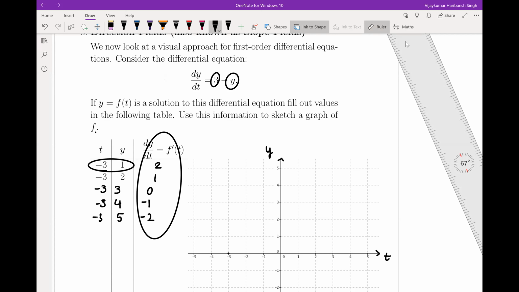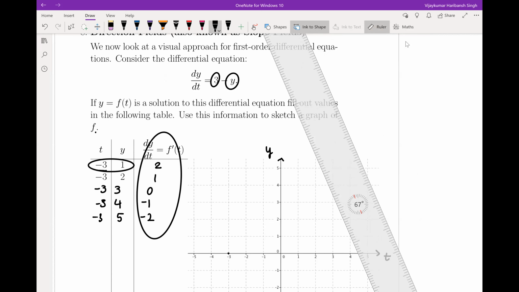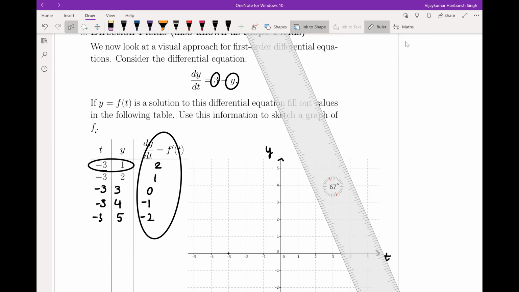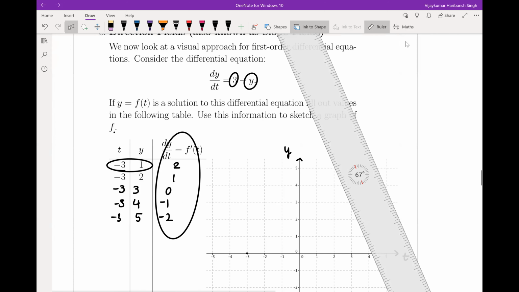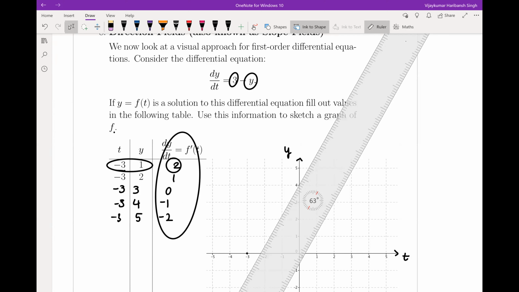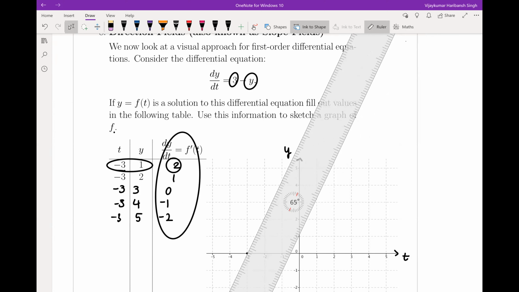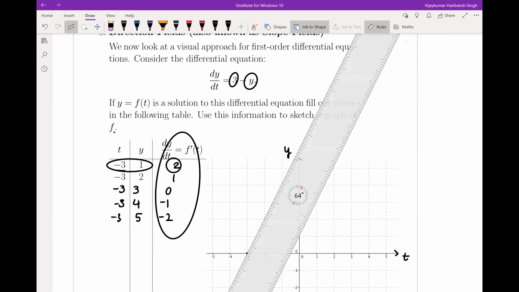At this point, draw a small line segment of slope 2. How do you draw it? I'll take one run unit and 2 rise units, and then draw a small line segment like that.